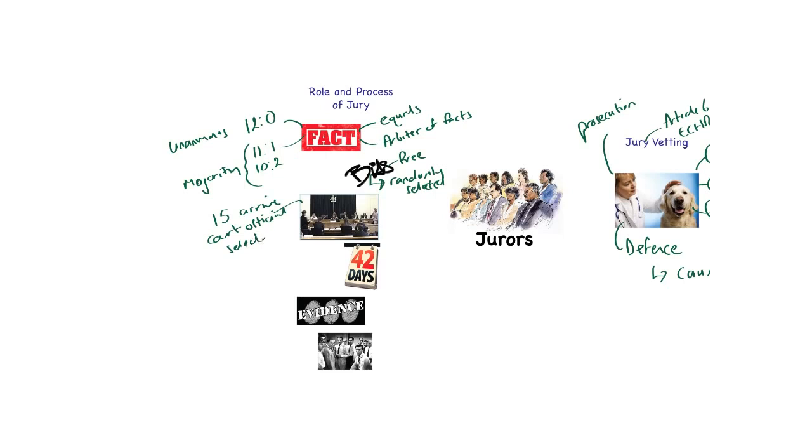So a court official selects our final 12 from the 15. And this gives us a second level of randomness. So we've got two levels to make sure that we maintain this unbiased nature of the jury system.